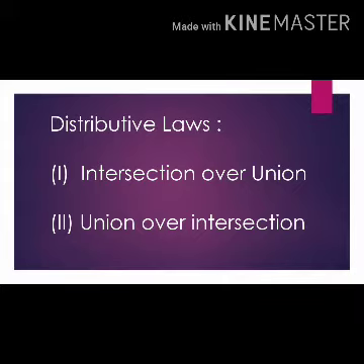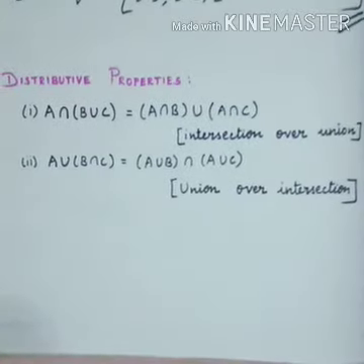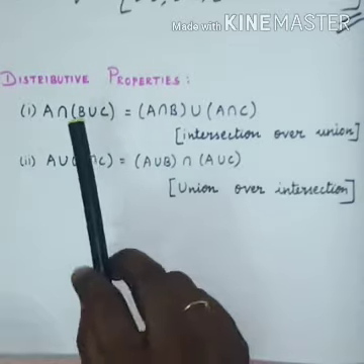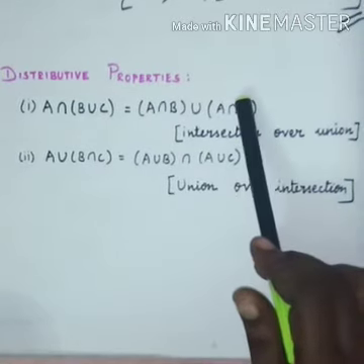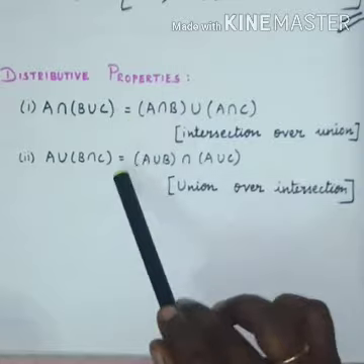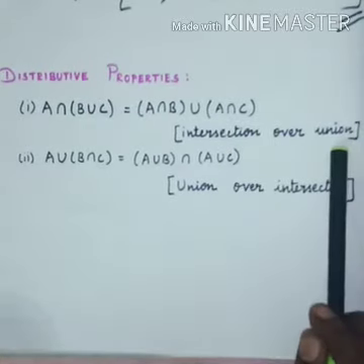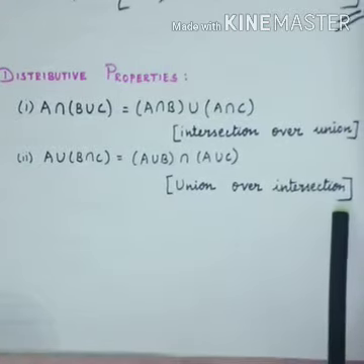In your book, distributive property is given in page number 23. Distributive laws are also called distributive properties. We have two distributive properties. One is intersection over union and the other one is union over intersection.